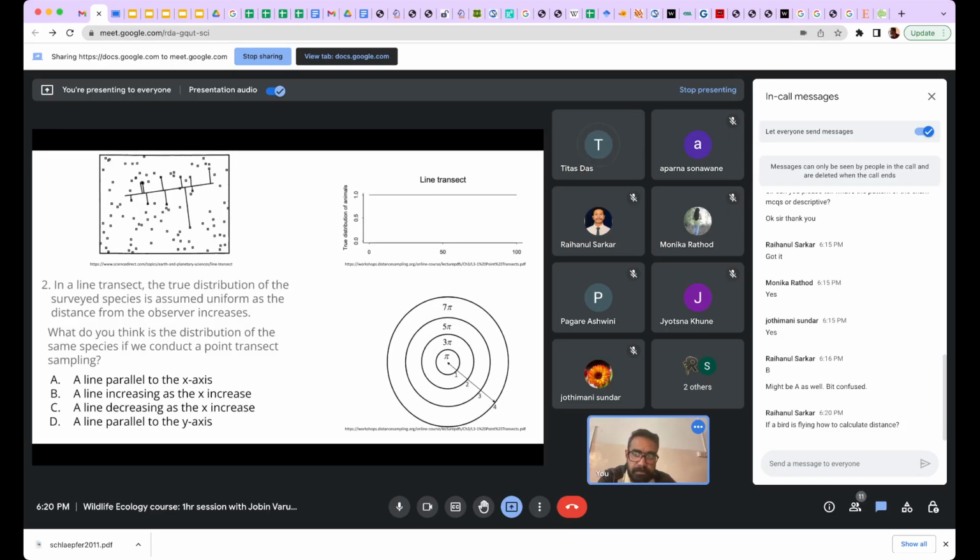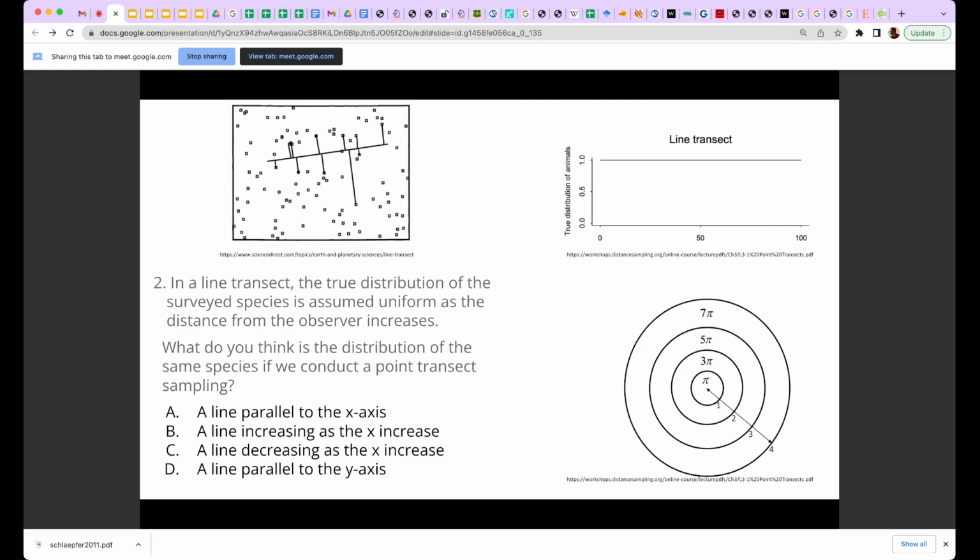Yes, sir. So the area within that band is also increasing. So pi is less than 3 pi, is less than 5 pi, less than 7 pi. That means if the birds are equally distributed in the entire circle, the number of birds you find in the smaller circle would be less than the number of birds you find in the second circle, which would be even less than the number of birds you find in the third circle, which would be much less than the number of birds you find in the fourth circle.